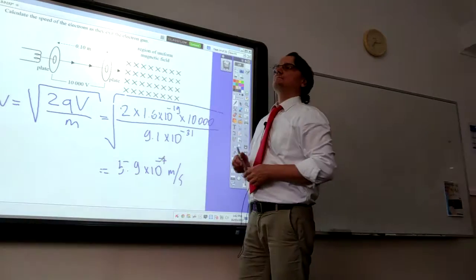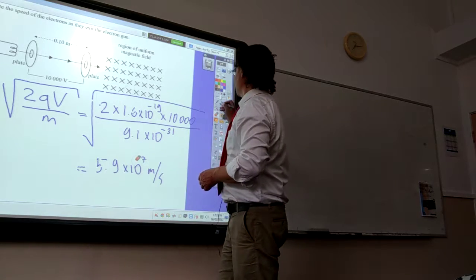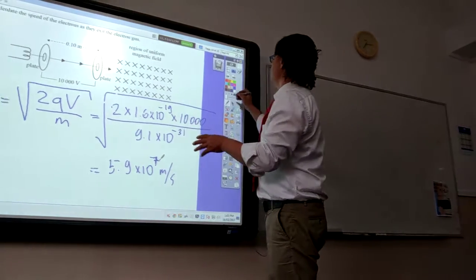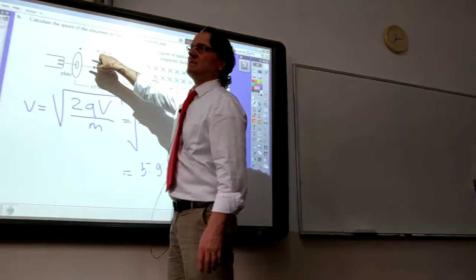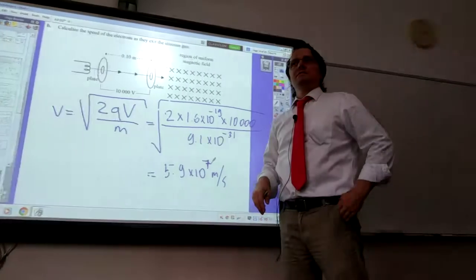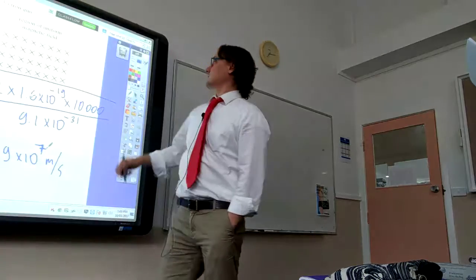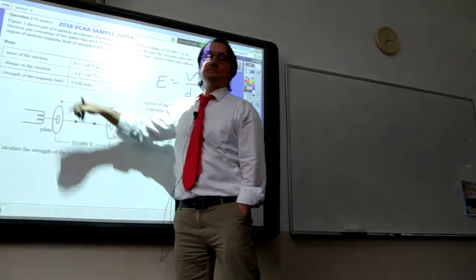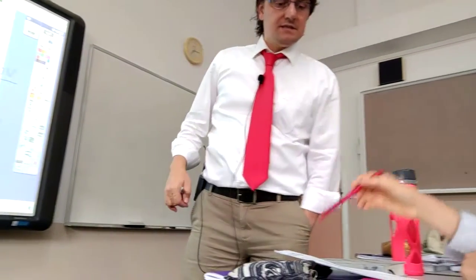Would your answer be 5.9 or 5.93? How would you do your significance? It depends if the question provides you 2 significant figures here. So it's 5.9. So 5.9 should be alright. For example, the Tesla is 0.020, still 2 significant figures. Do you assume the initial velocity is 0 if the electrons leave the gun?